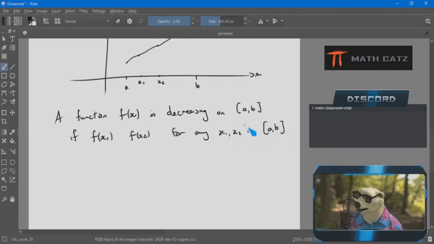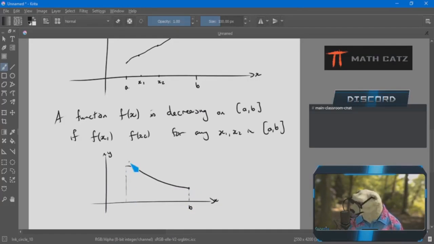Could be the endpoints, could be interior points, doesn't matter. I need to be going downhill in one way or another. Could be slow. You see up here it's slowly going down, then it speeds up a little bit. Either way, it's going downhill. So if I compare any two points in this window, in this interval, the first one needs to be greater than the second.